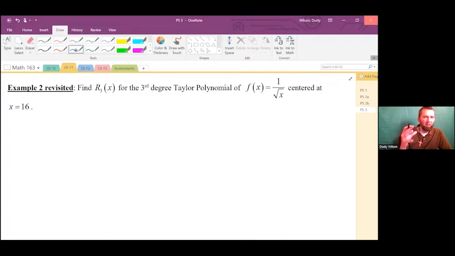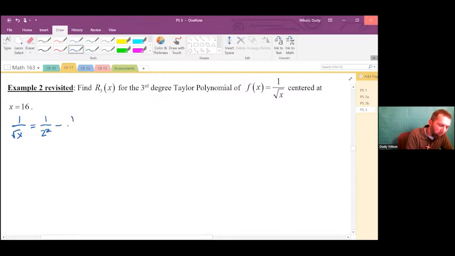I'm going to keep simplifying my notation to save ourselves a little bit of writing. So we're saying that 1 over the square root of x is equal to 1 over 2 to the 2nd minus 1 over 2 to the 7th times 1 factorial times x minus 16.